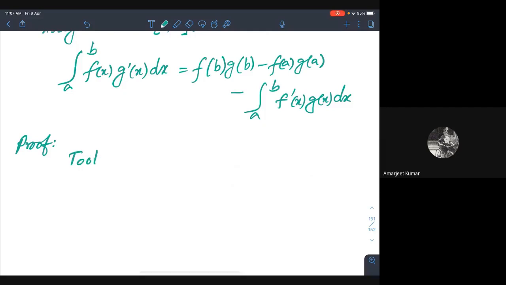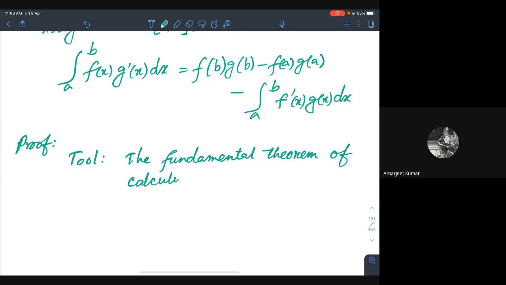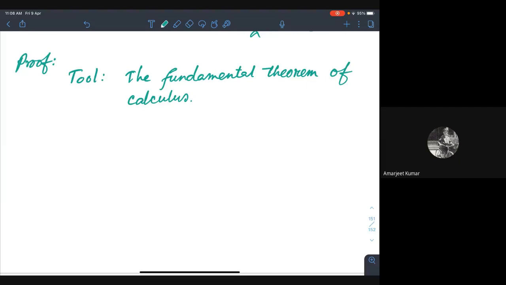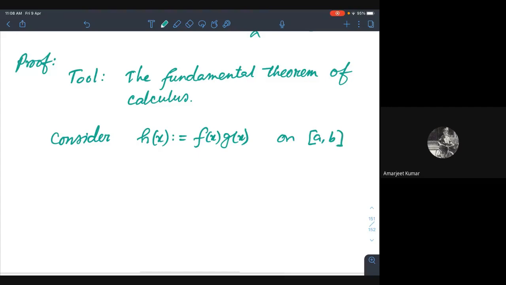Tool: use the fundamental theorem of calculus. How do you use it? Consider the following function. Consider h(x) defined as f(x) times g(x) on the closed interval [a,b].